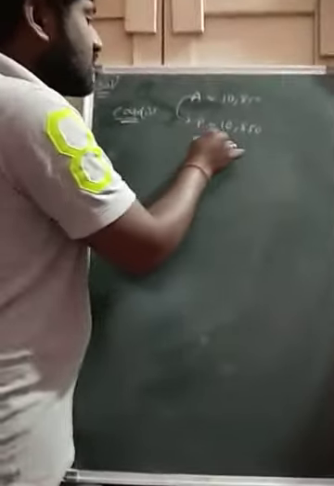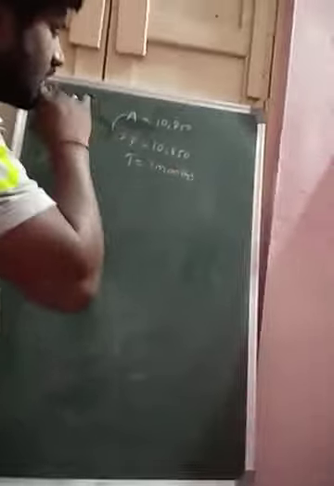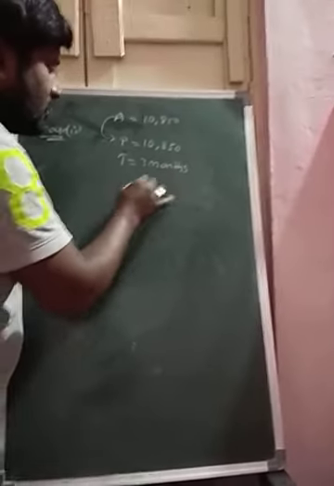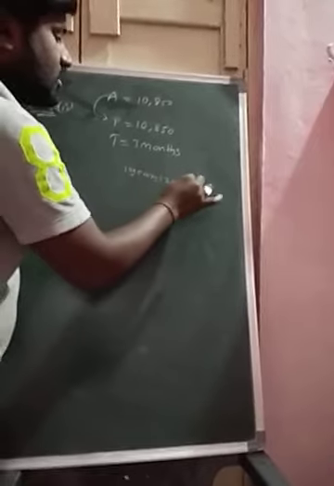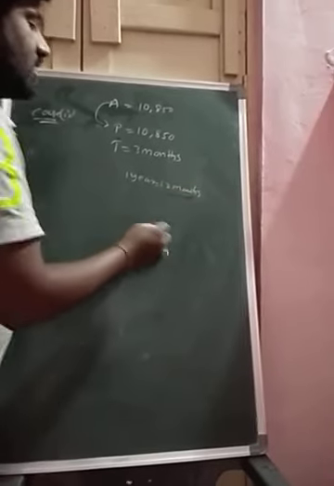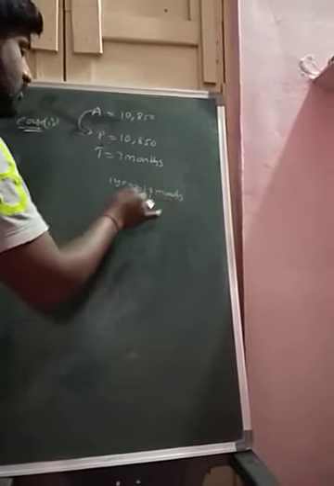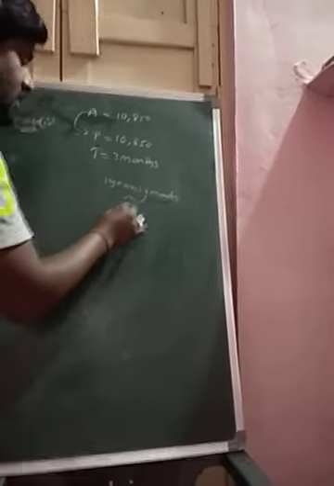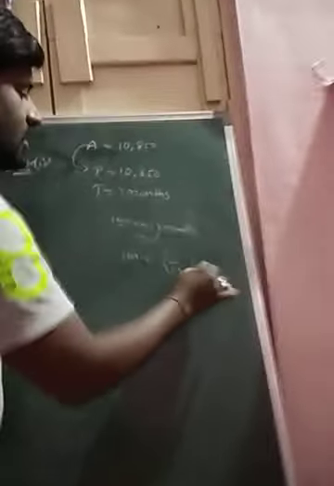Now time is equal to 3 months. So I am going to write here: 1 year is equal to 12 months. If you transpose 12, 1 month is equal to 1 by 12th year.